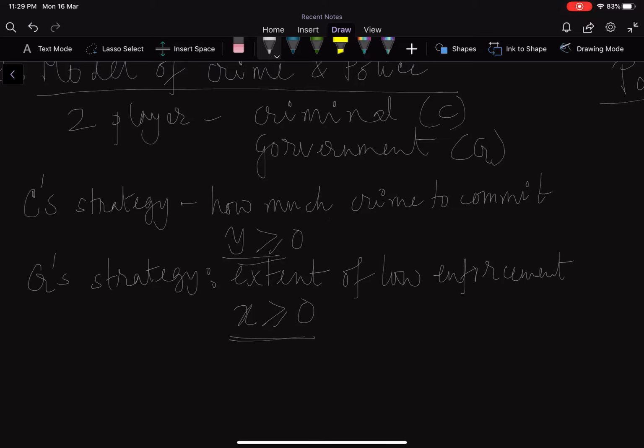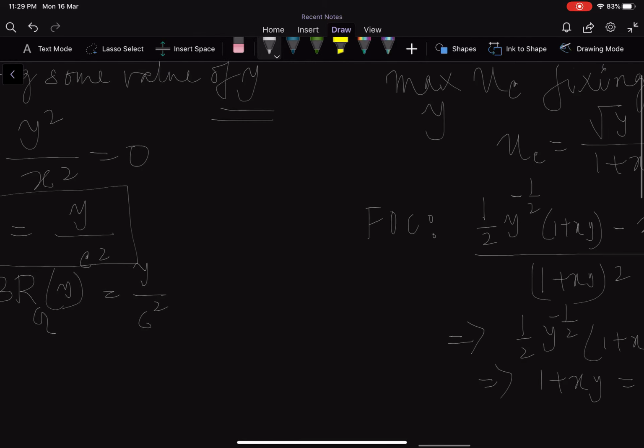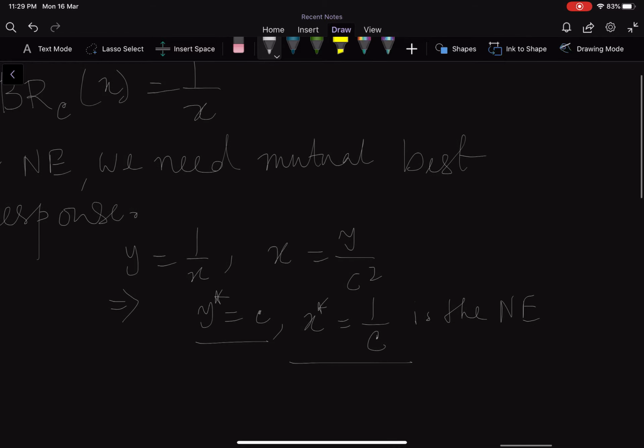So higher c means y star is also higher, so higher is the crime committed by the criminal, and lower is the enforcement. 1 by c becomes lower, so lower is the enforcement by the police. So as the cost of crime goes up, the enforcement goes down and the crime goes up. Okay, so that's the idea.